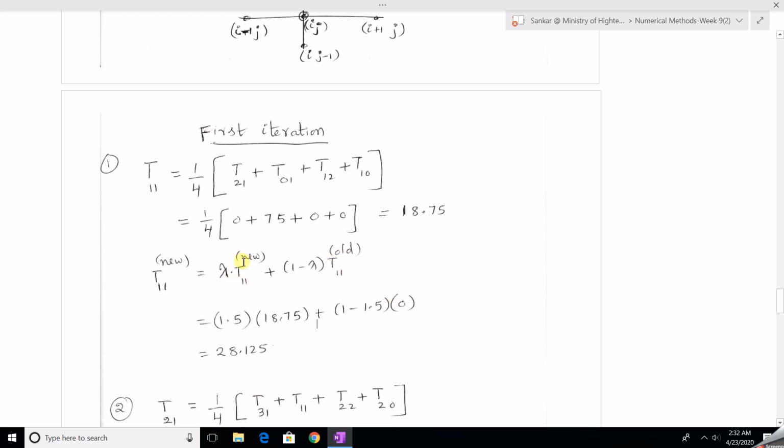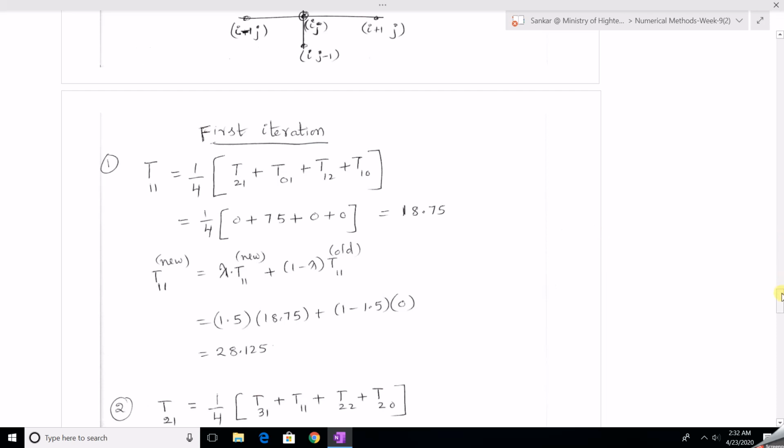The new value of T11 is 18.75, and if we simplify that, we get 28.125. This is the better approximation of the same value T11, the latest and best approximation of T11 after the first iteration.